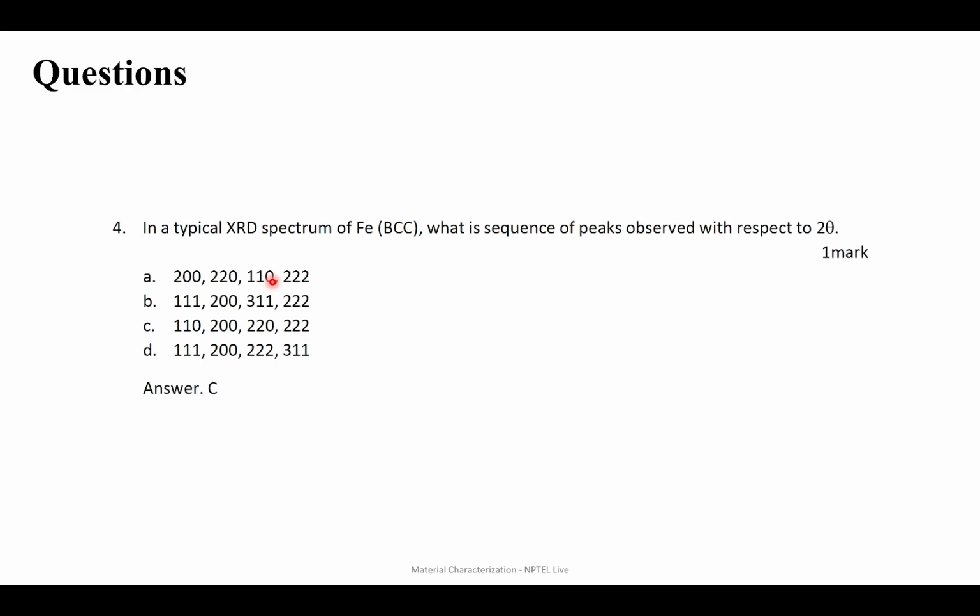For hexagonal close packed, the third index is irrelevant.